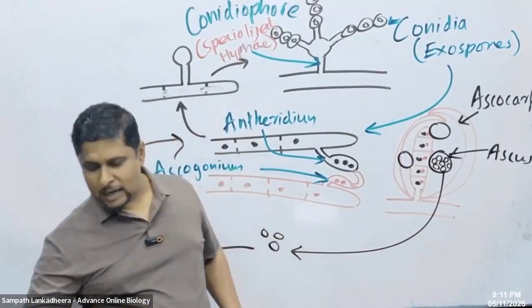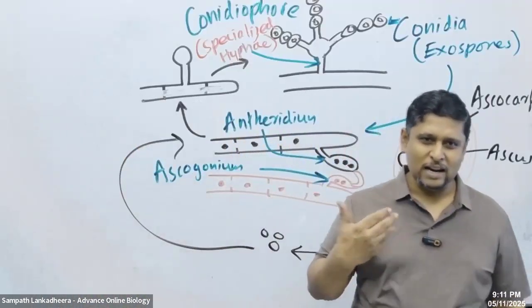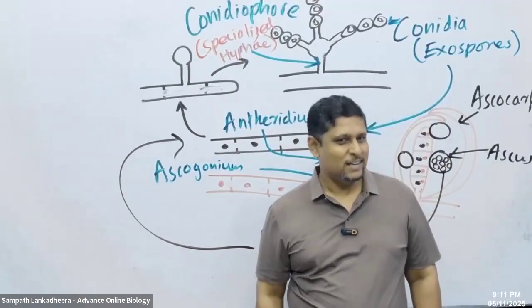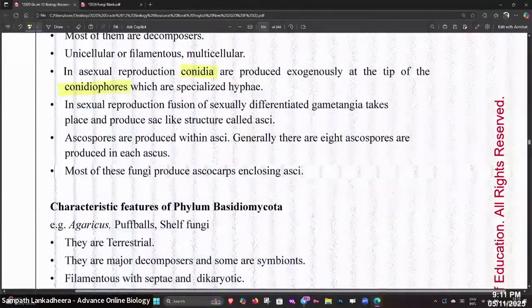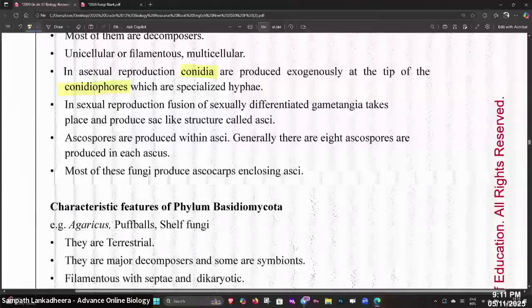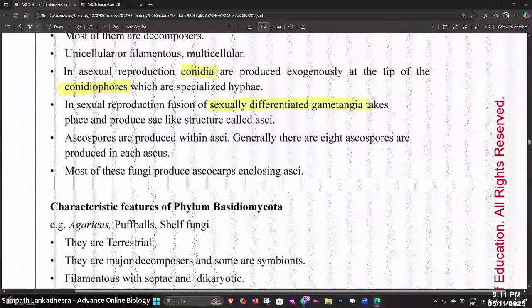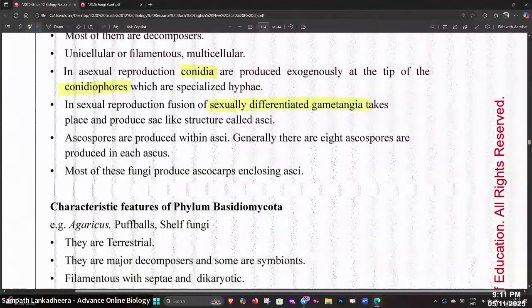You don't have to learn the life cycles here. Life cycle details are not necessary, but if you can understand the basic things, that's good enough, right? In sexual reproduction, fusion of sexually differentiated gametangia takes place.